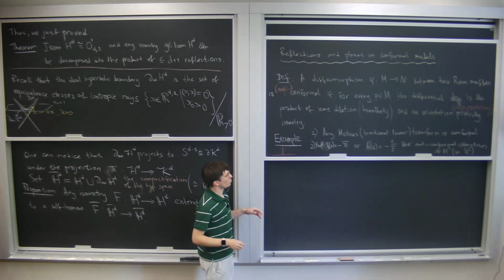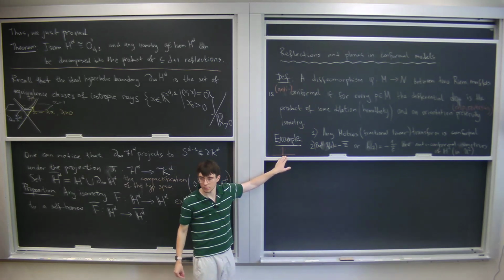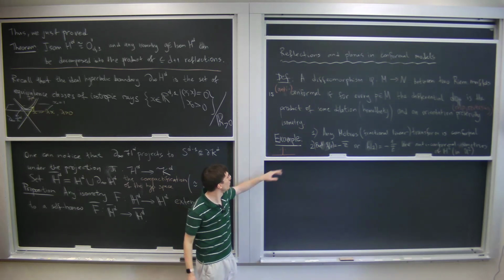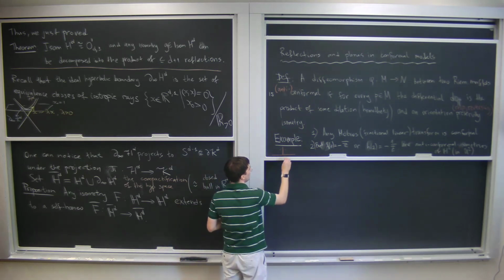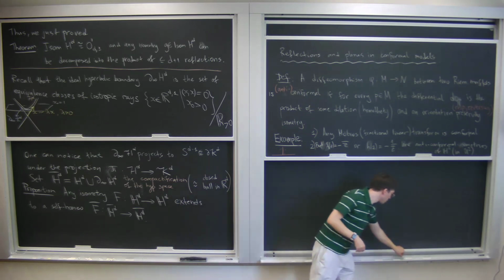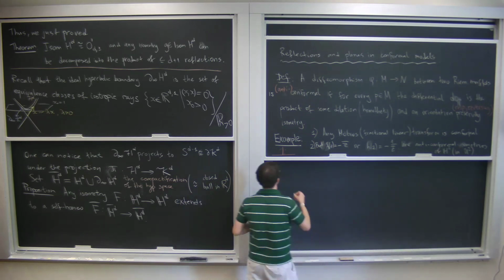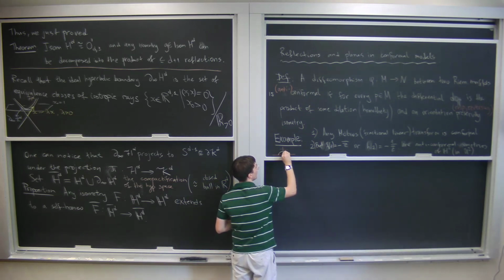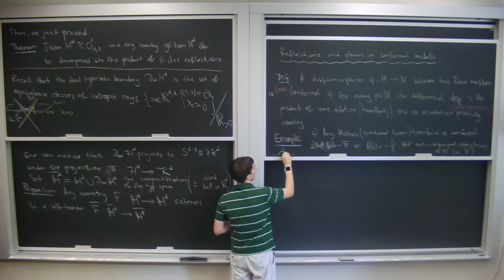One reflection is just with respect to the vertical half line. And I also want the inversion with respect to the unit circle.